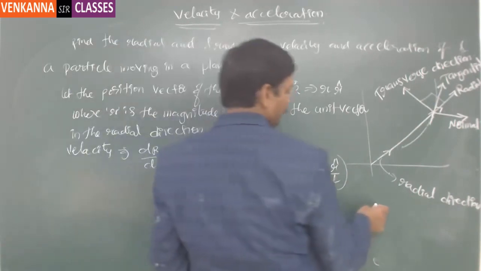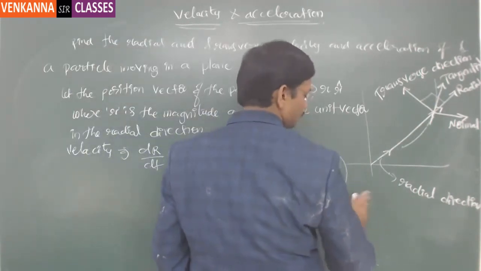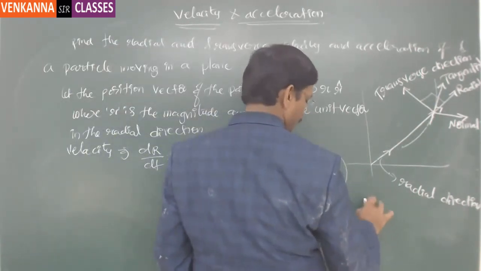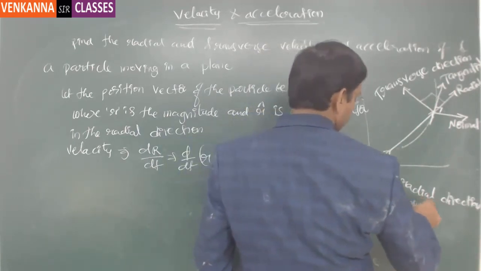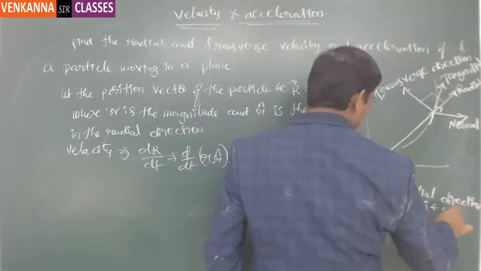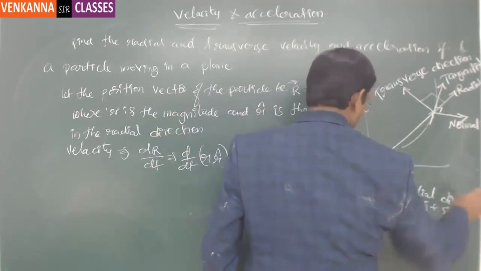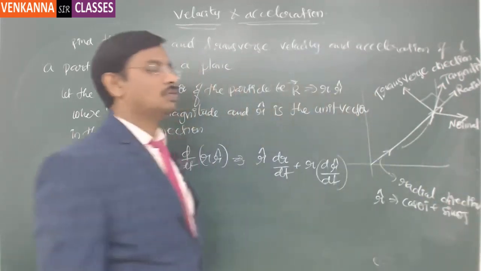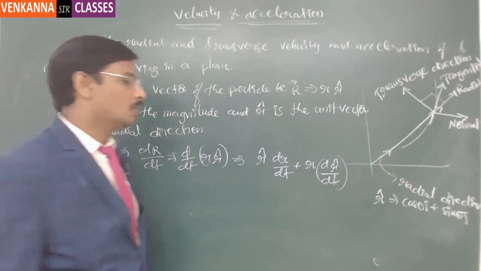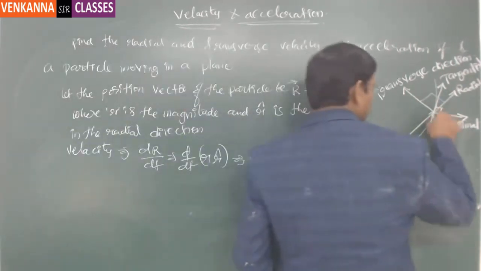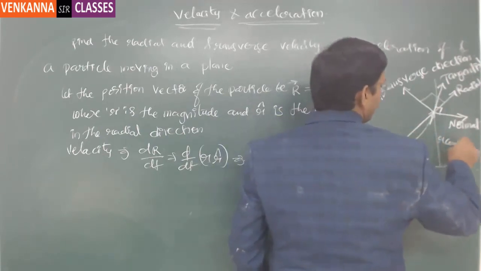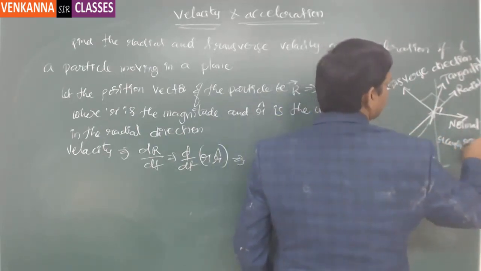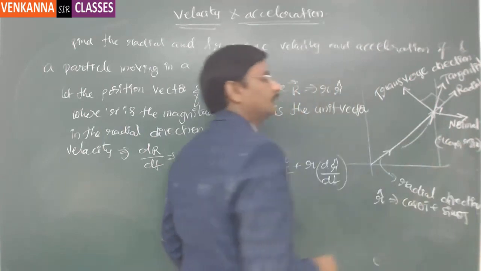So r cap you can express as cos theta i plus sin theta j. This is how you can express the unit vector in the radial direction. How? Let us say this particular position is r cos theta and r sin theta in the polar form, right?